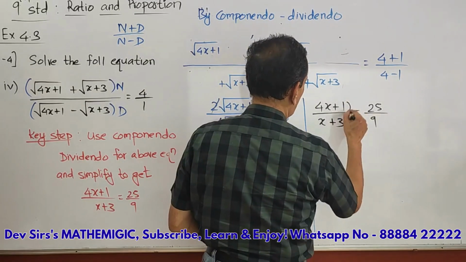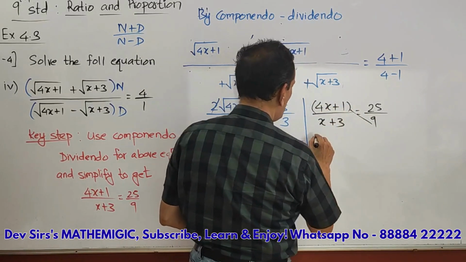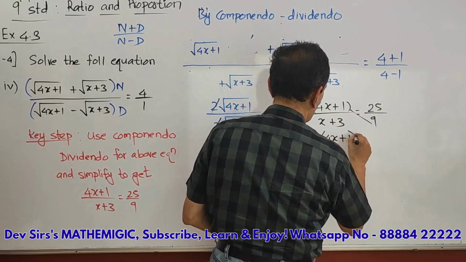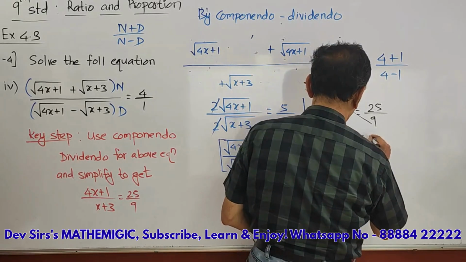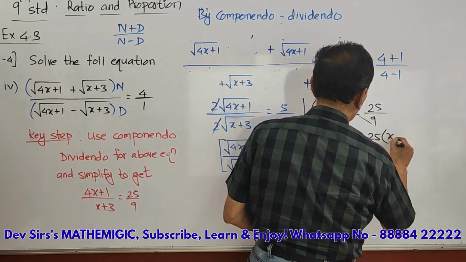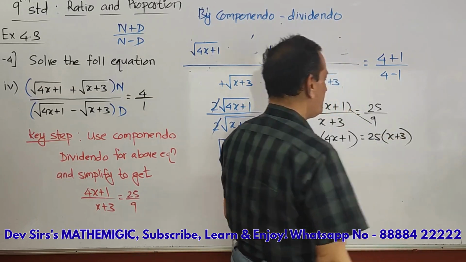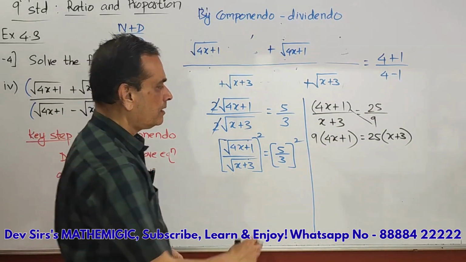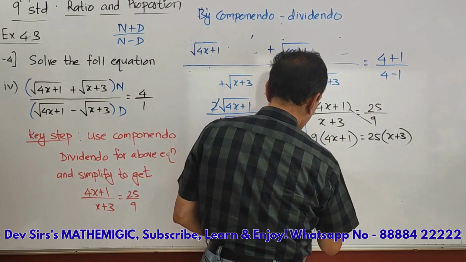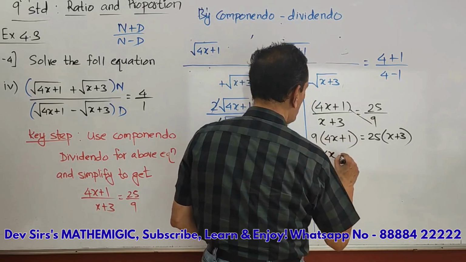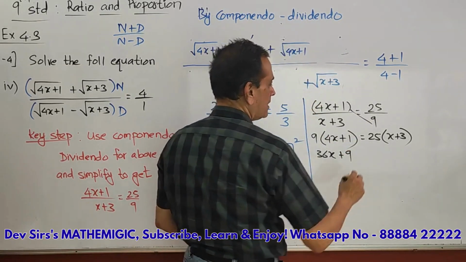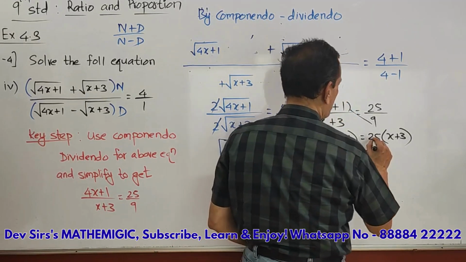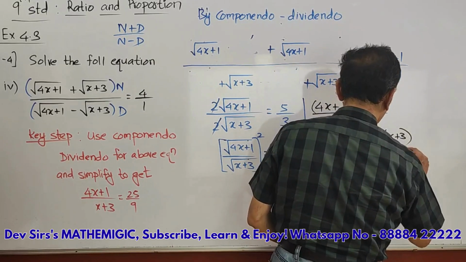So cross multiply now. 9 into 4x plus 1, 25 into x plus 3. When you cross multiply, take the bracket. 9 into 4x, 36x. 9 into 1, 9. 25 into x, 25x. 25 into 3, 75.